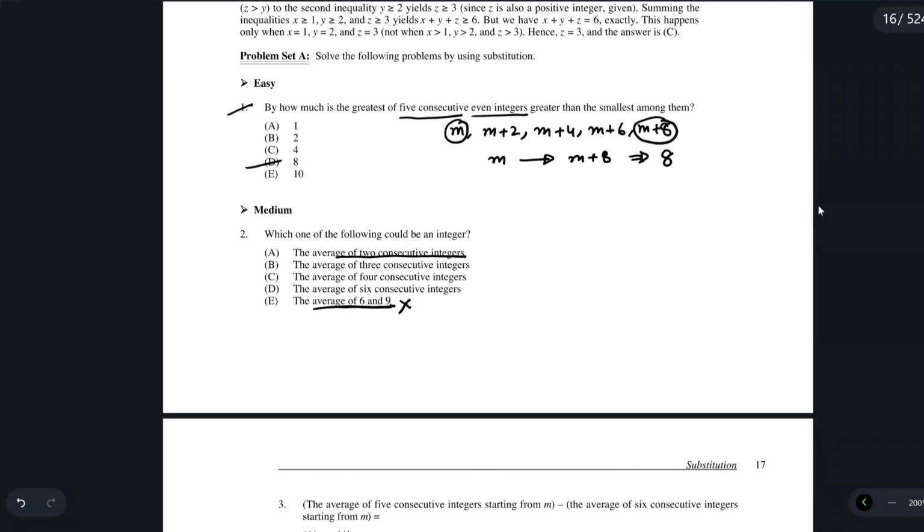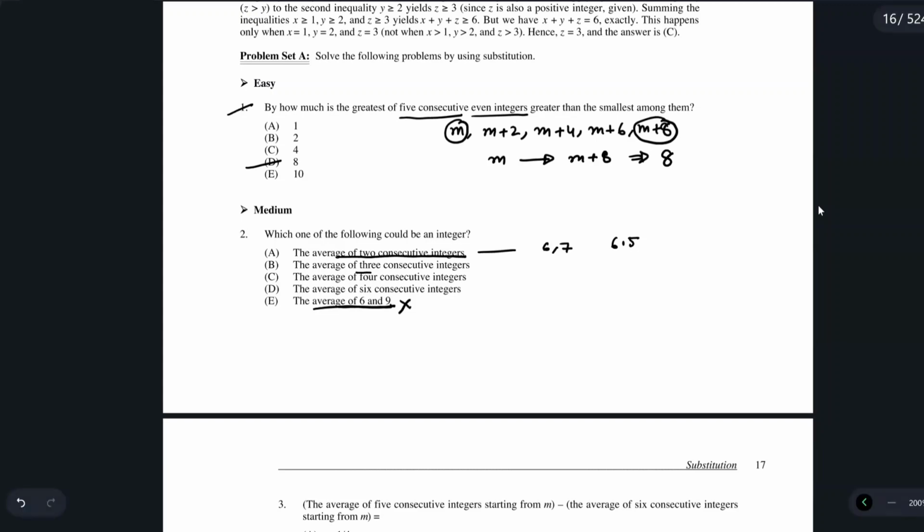If we try an example like 6 and 7, there should be an odd and an even. The average shouldn't be an integer, because it will come out to something like 6.5, or if you choose some other numbers, most likely it will have a 0.5 in there.